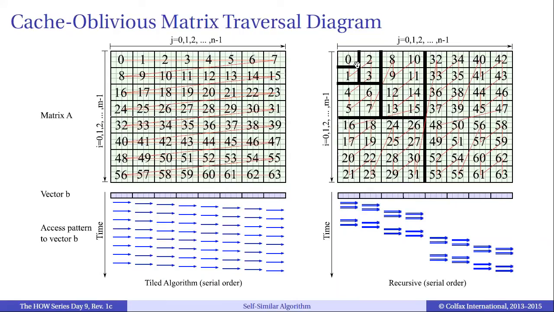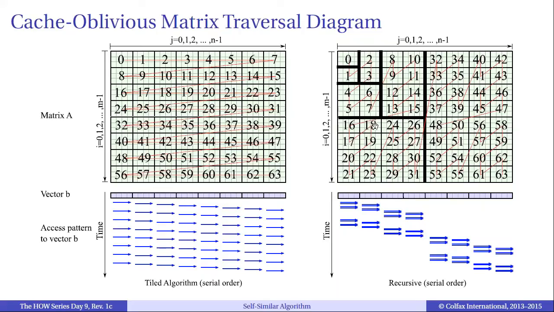This small enough is going to be determined by some recursion threshold that I'm going to set in my algorithm. And once I reach the recursion threshold, I'm assuming that the subset of vector B that I'm dealing with fits in the cache. And as you can see, when I recurse out, the order in which I visit tiles is going to be self-similar, like that.